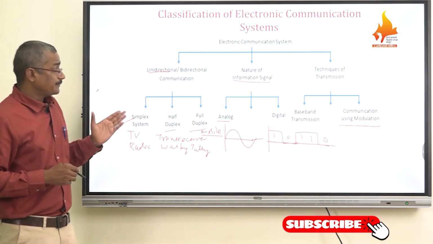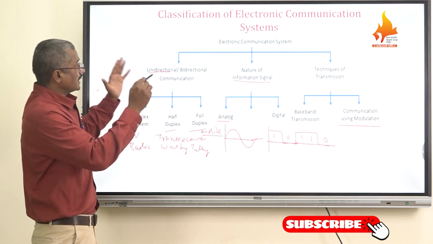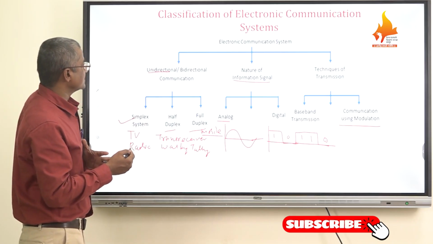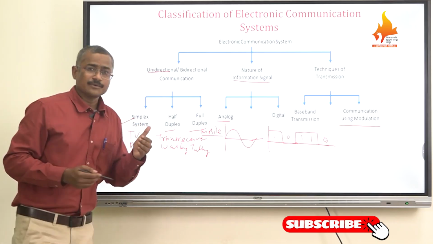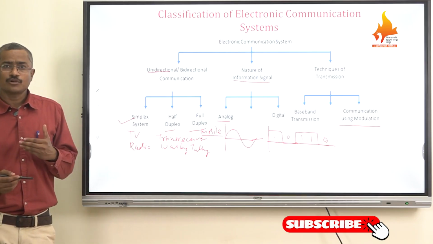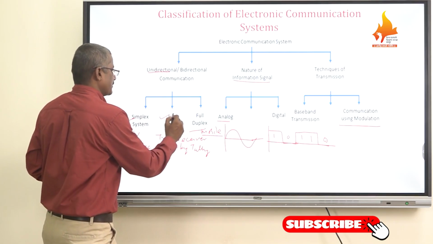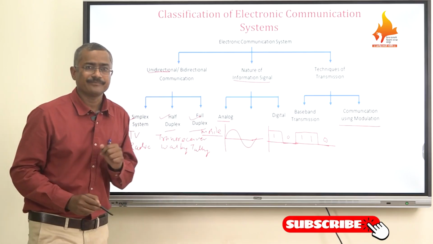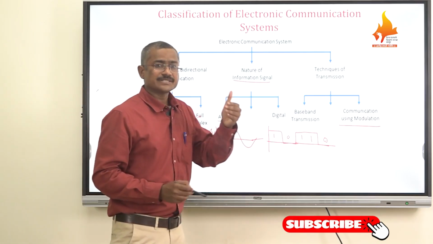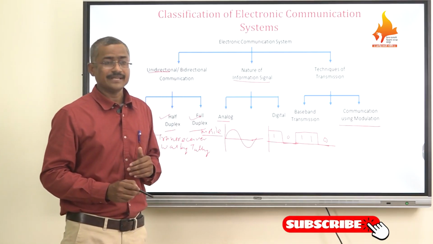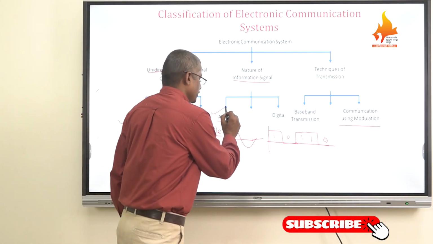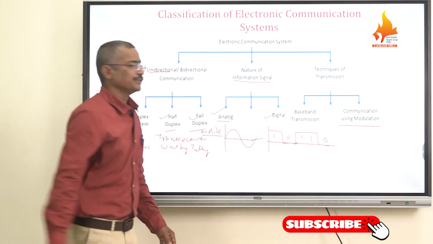So, based on the different types, we have different communication systems. Whether your communication is unidirectional or bidirectional, we have three types of systems, that is simplex system, half duplex system and full duplex system. Based on what type of information signal you are sending, we have either analog communication or digital communication.